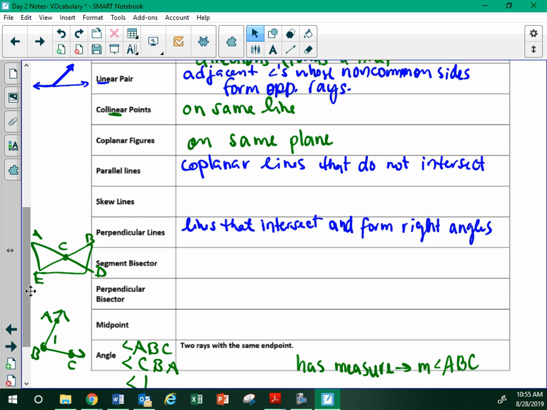Okay, so skew lines. The definition is that they're non-coplanar lines that do not intersect. Let's write that out, but I then want to put different planes, different directions, because that's how I think of it. I think it's a little easier to think of it that way. So we've got non-coplanar lines that do not intersect.